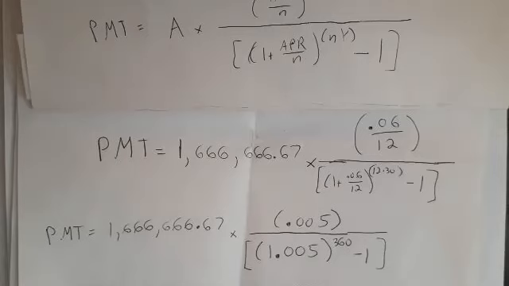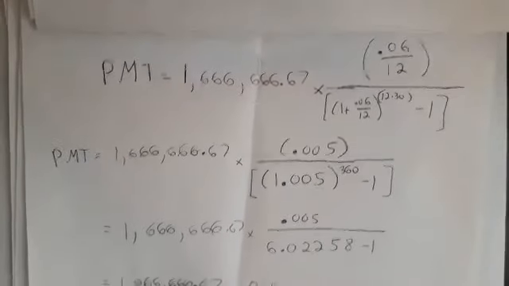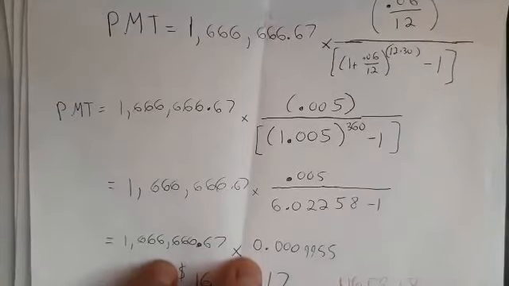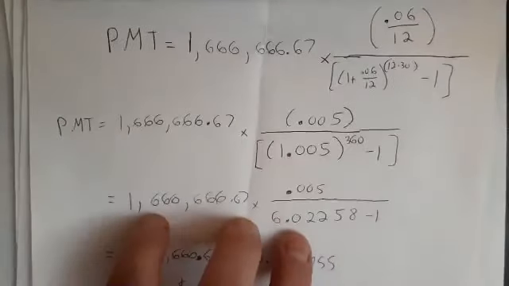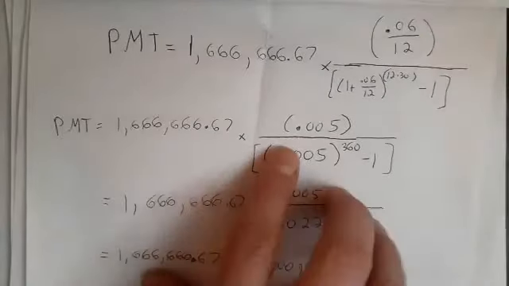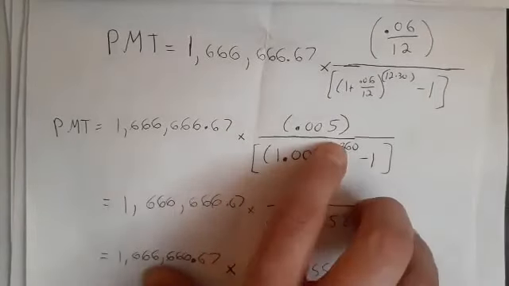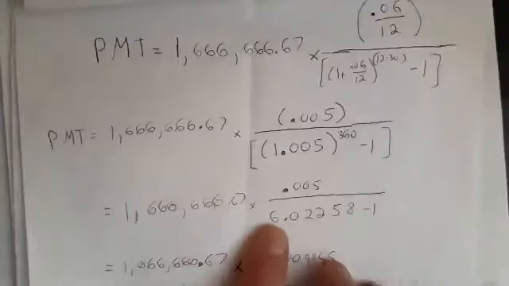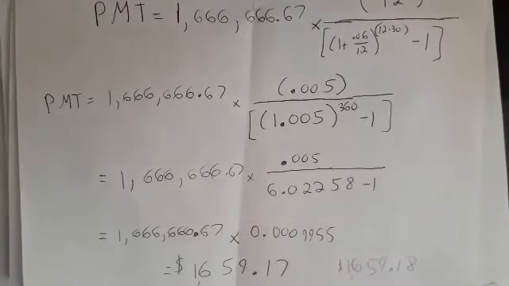So I crunch those numbers. I do this 1.005 to the 360 power. That gives me something like 6.02258.